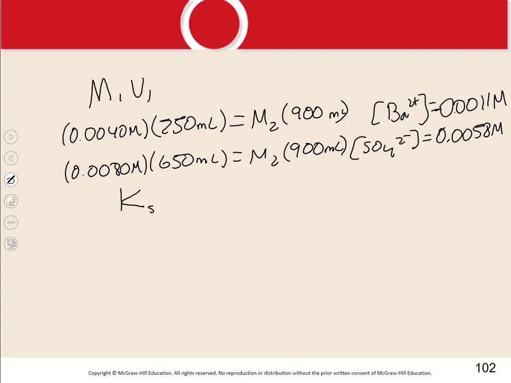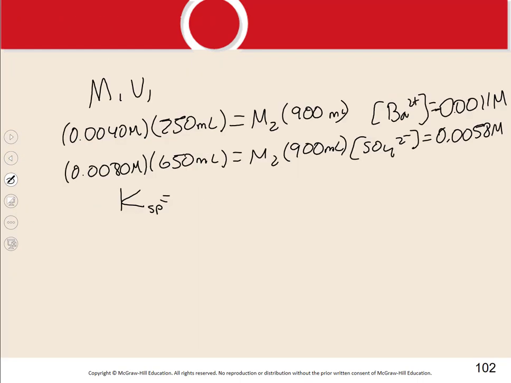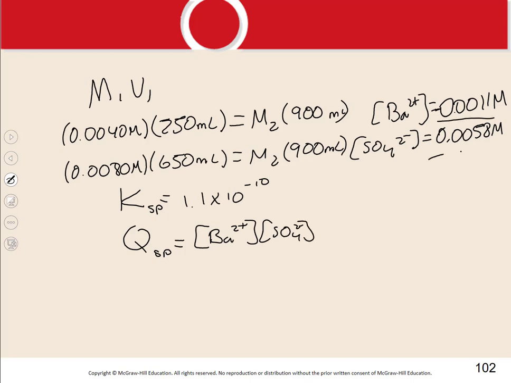So the KSP for this, we found again on the table to be 1.1 times 10 to the negative 10. Let's calculate QSP and compare it. So Q is calculated using the same thing, the product, so in this case that's going to be barium times sulfate. And now we're going to plug in the concentrations of each here.